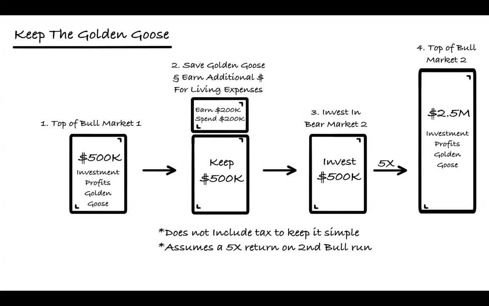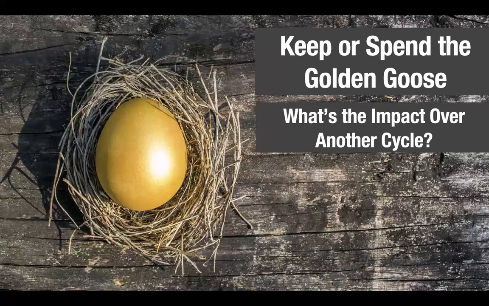Now, obviously, this doesn't include tax, to keep it simple, and it's assuming a 5x return on the second bull run, which I think in most people's cases is absolutely possible, especially when we're looking at it from a crypto standpoint. So keeping or spending the golden goose is a key thing to think of. And as I said before, keeping the golden goose can have a massive, massive impact.